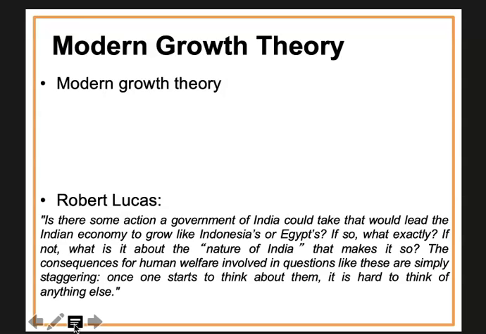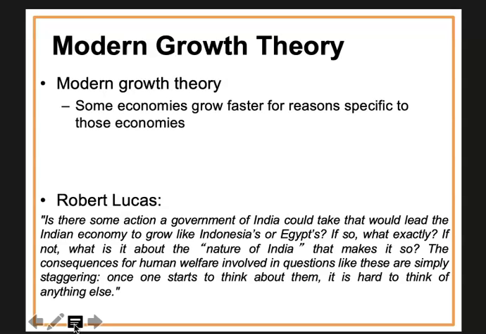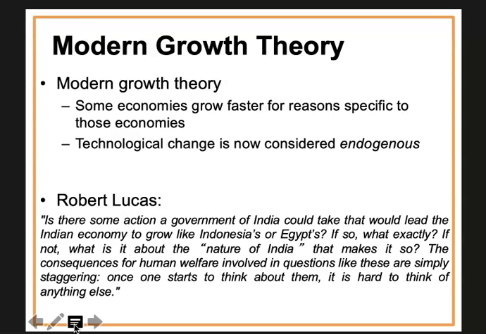Growth is sustained through technological innovation that occurs endogenously, driven by factors inside the economy, not exogenously. Technological innovations no longer occur randomly or exogenously. Some economies grow faster for reasons specific to those economies, and technological change is now considered in the same model, right?